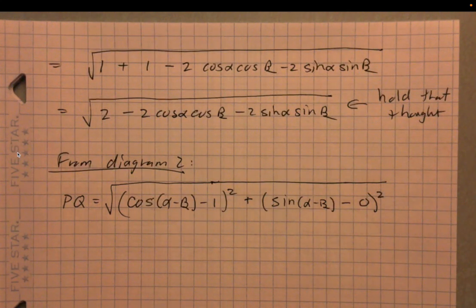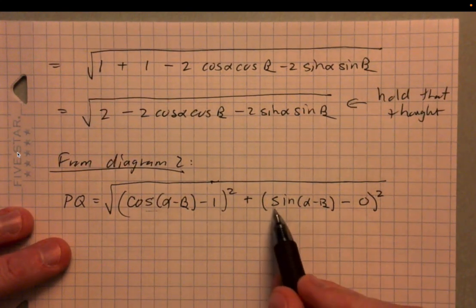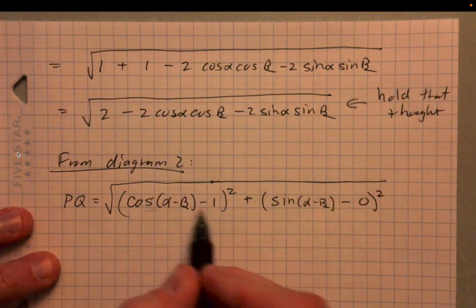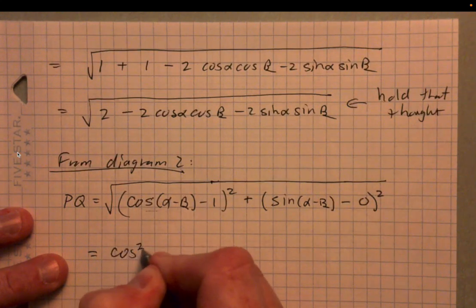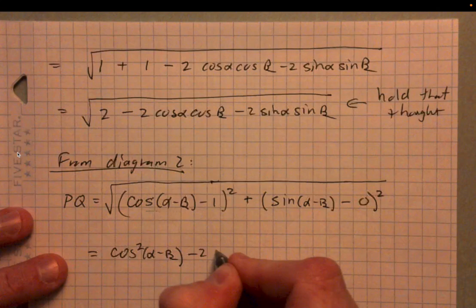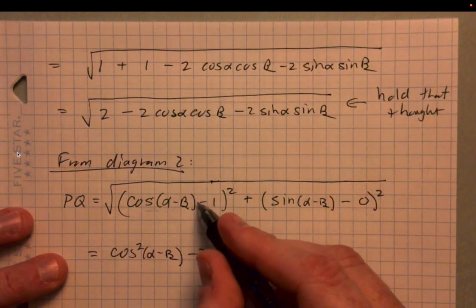Okay, and then just like before, we're going to go ahead and expand this whole thing. This is the only piece that really expands. This is really just sine squared alpha minus beta. All right, so when I expand this, I get cos squared alpha minus beta minus 2 cos alpha minus beta, and then plus 1.